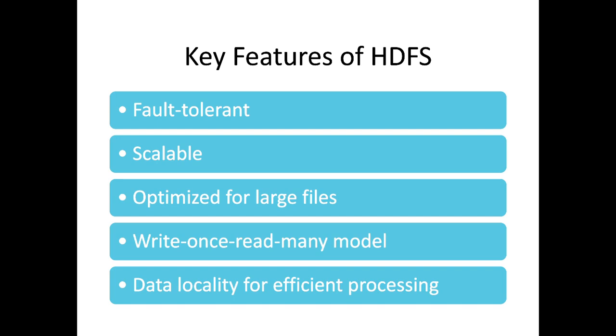Number four, write once and read many times model. And fifth, data locality for efficient processing. So who does it? The master, which is nothing but name node.